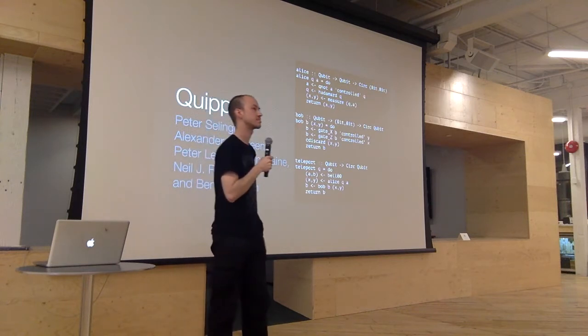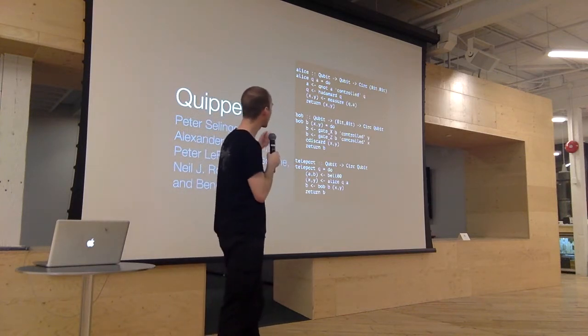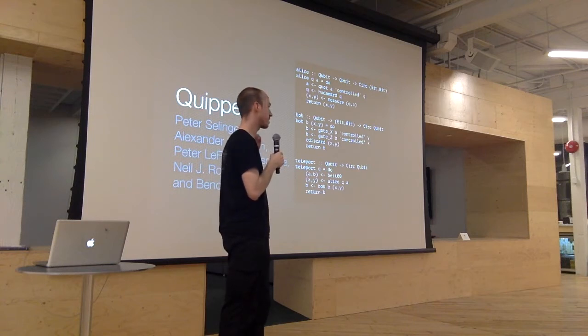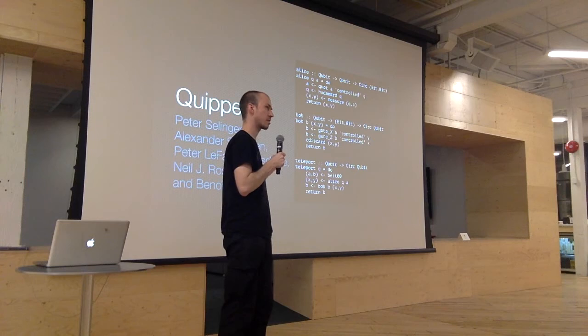Yeah. What is Hadamard? The Hadamard gate is one of the fundamental gates for universal quantum computation. So it's one of the gates you absolutely have to have to achieve quantum Turing completeness.